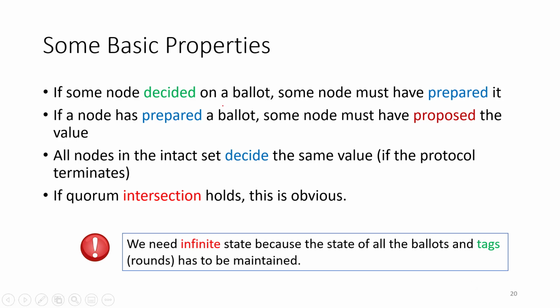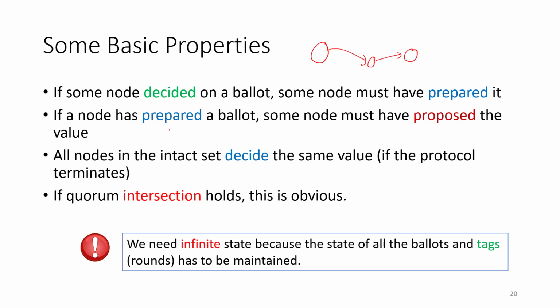So the basic properties would be like this: if some node decided on a ballot, it means some other node must have prepared it. That has to be the case, because after all, there has been a flow of information between the nodes, right? So you see the algorithm, you can't decide a value out of thin air. So if a ballot has been decided, it must have been prepared.